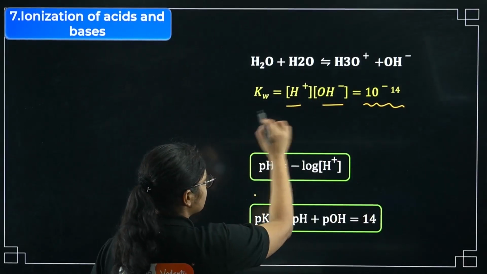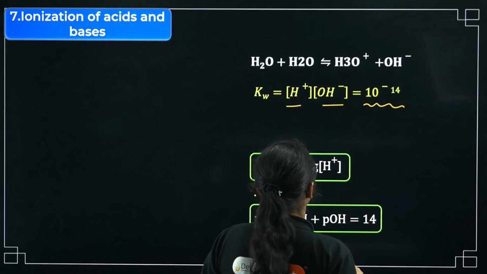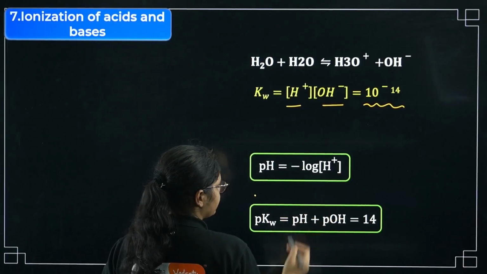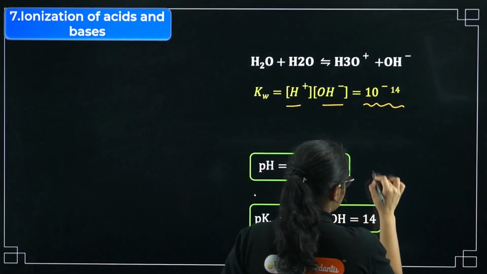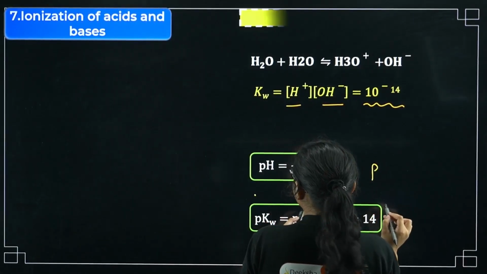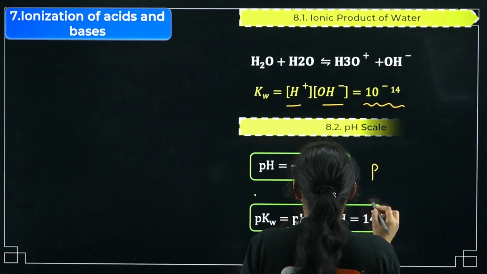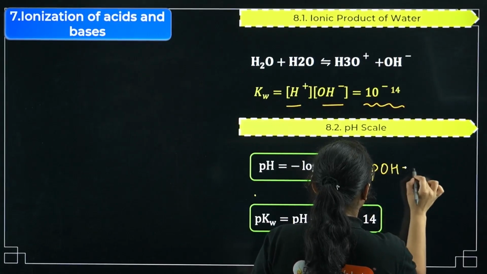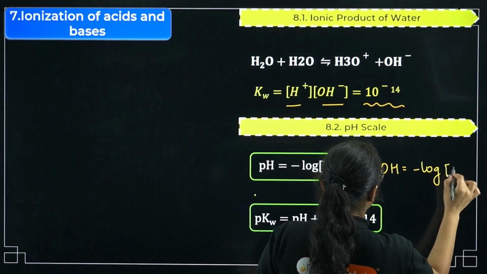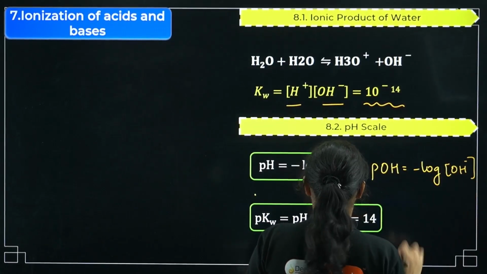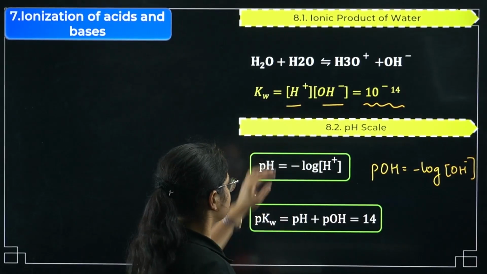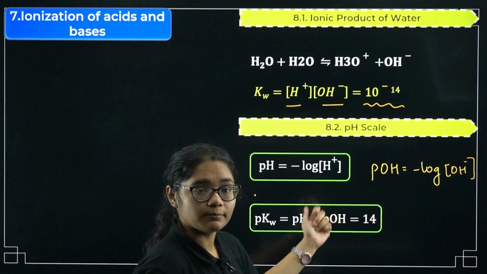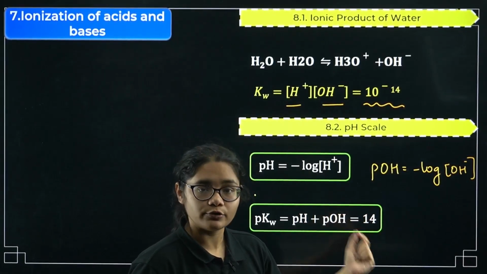Kw is equal to 10 to the power of minus 14. pH is written as minus log of H plus concentration, and pOH is equal to minus log of OH minus concentration. So pKw gives pH plus pOH is equal to 14.